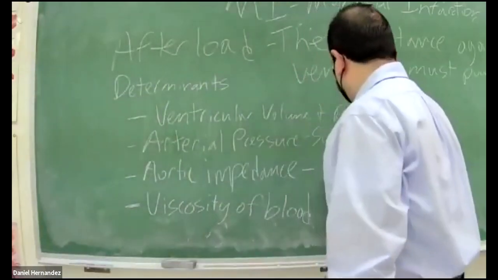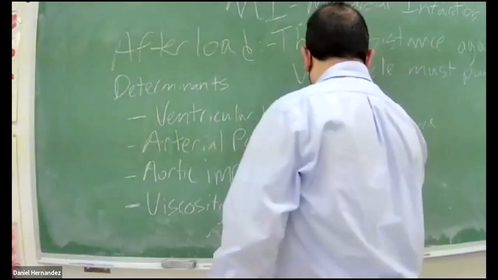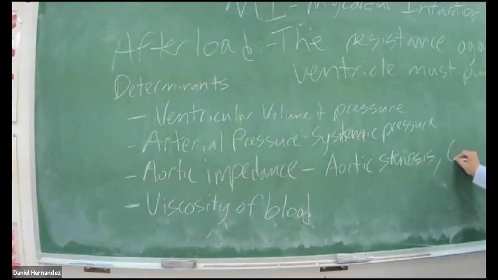Then by saying aortic impedance, we mean aortic stenosis. You can have coarctation under here.